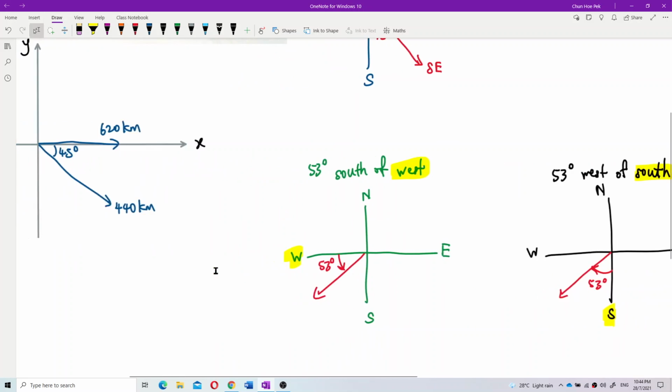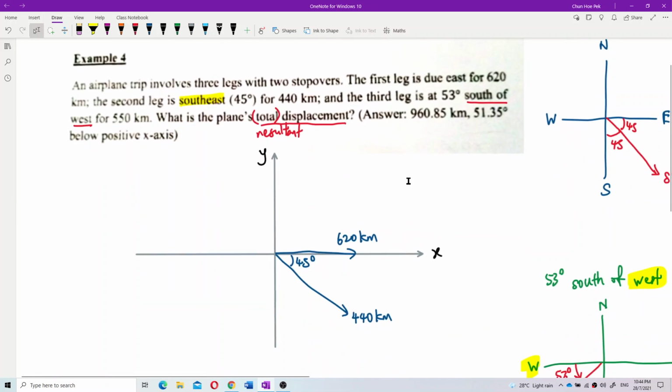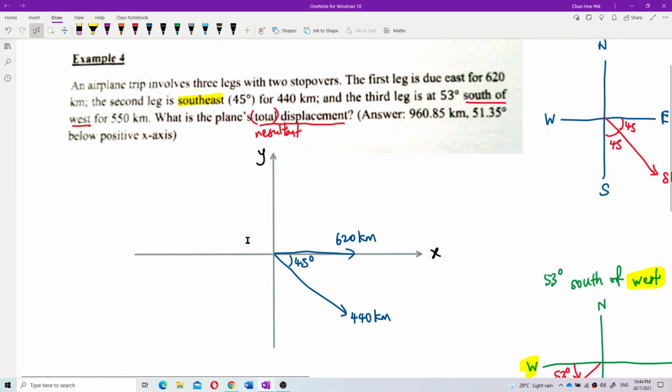Okay. Good. Now our question is 53 degrees south of west. That means we look from west. This is our west and this is our south.